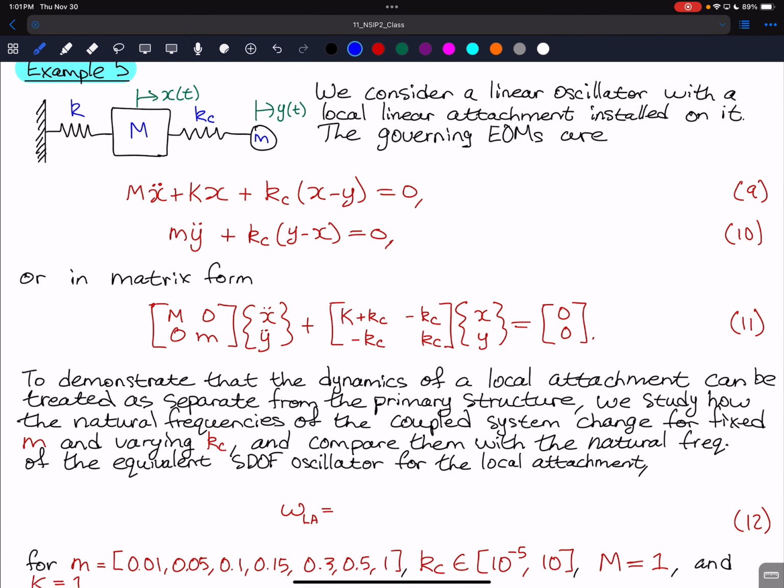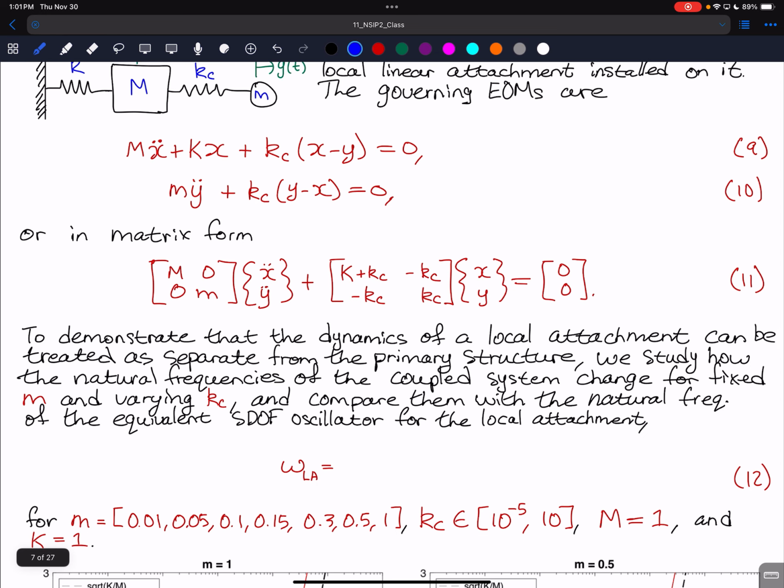From there, what we're going to do is we are going to change the mass. We're going to choose fixed values for the mass of the oscillator and its grounding stiffness. I believe those are provided a little bit lower there. And we're going to vary the mass of the attachment, and then we're going to do a lot of variation on the coupling stiffness, and then we're going to track how the natural frequencies of the system change as a function of that stiffness.